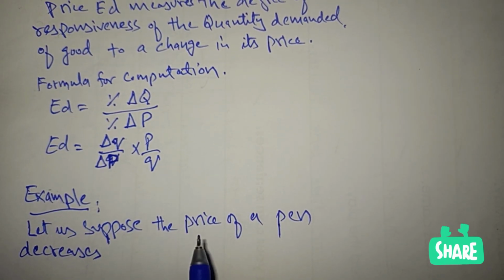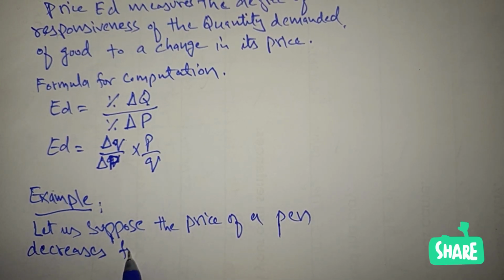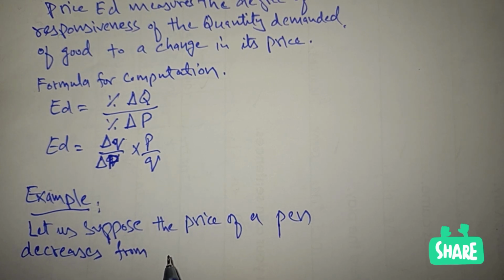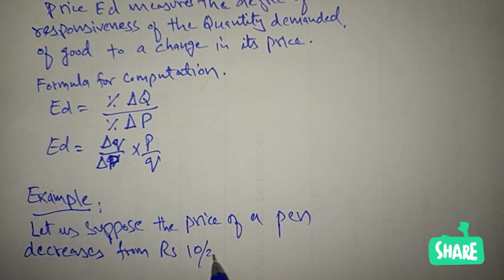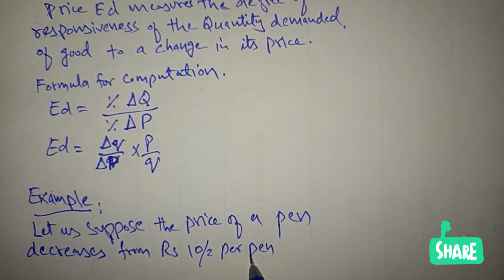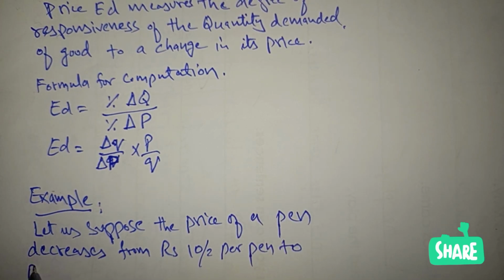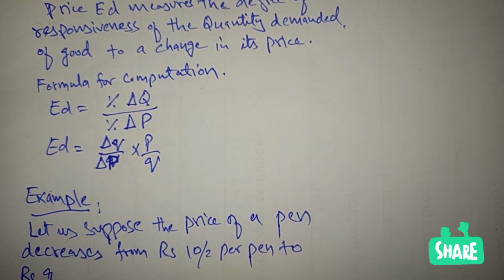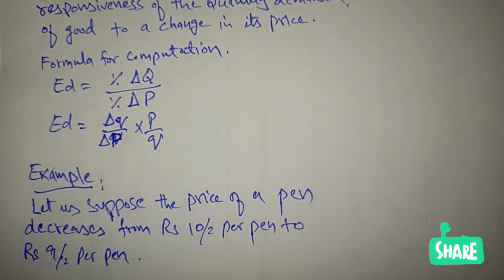It will show us the response of quantity demanded to the change in price of a commodity, whether the change in quantity demanded is equal to, less than, or greater than the change in price.